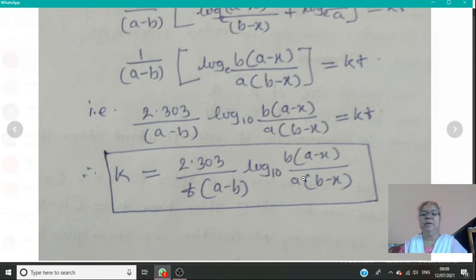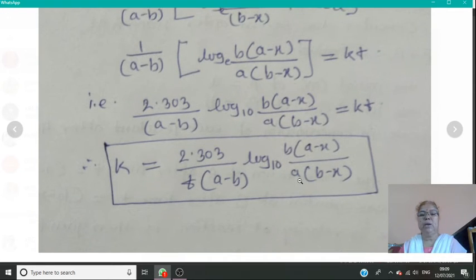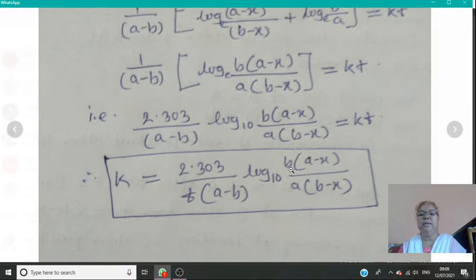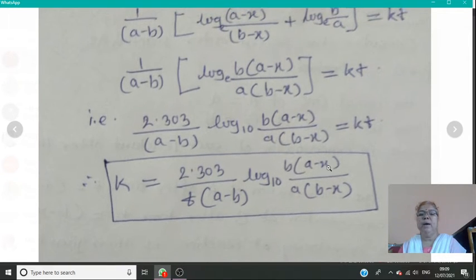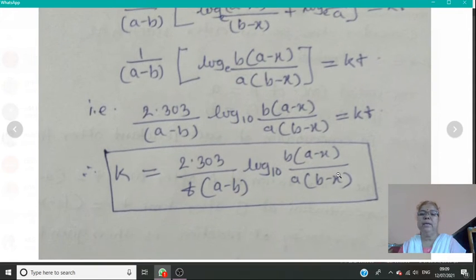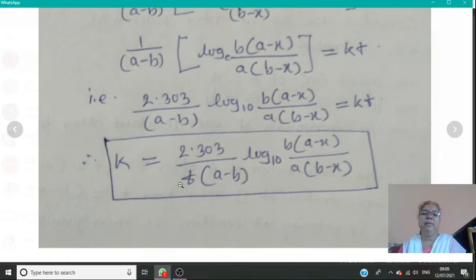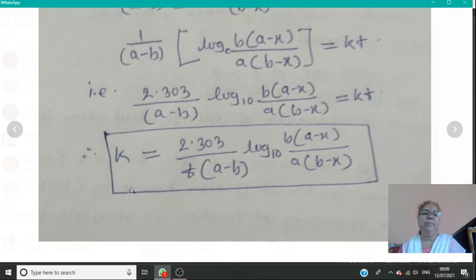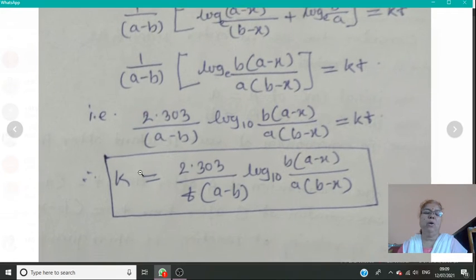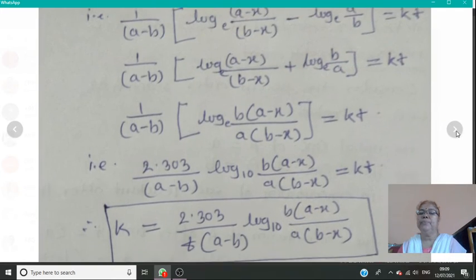In this equation, a is the initial concentration of reactant A, b is the initial concentration of reactant B, and x is the decrease in concentration, t is the time, and k is the velocity constant or rate constant.